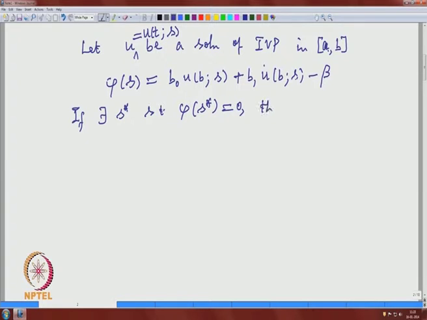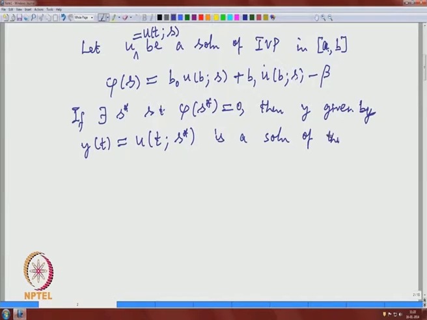then y given by y of t is equal to u of t, s star is a solution of the BVP. And this is called the shooting method.